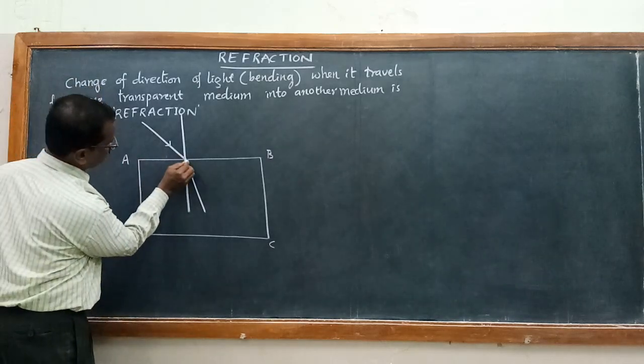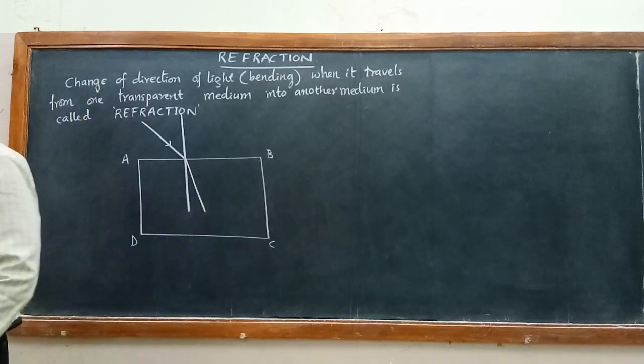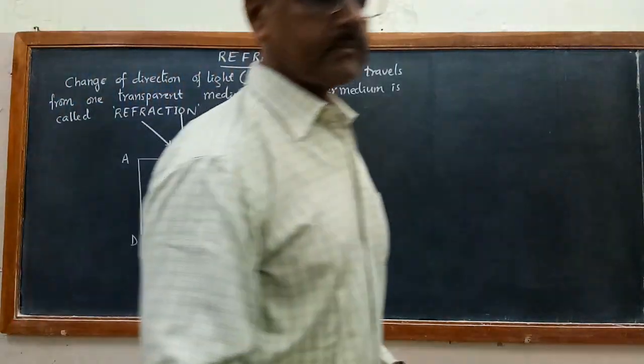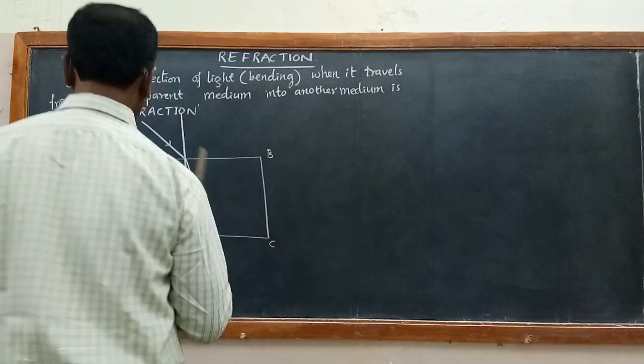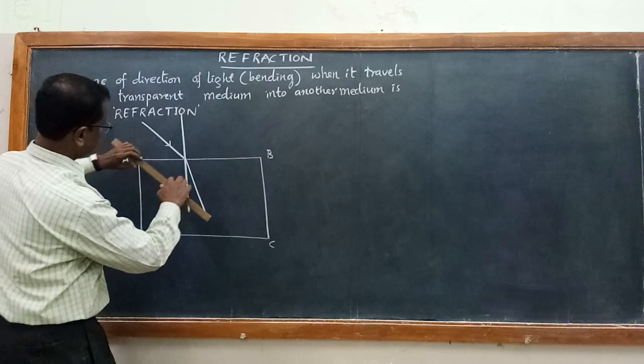If the glass surface would not have been there, it would be traveling straight. It would be traveling the straight path.